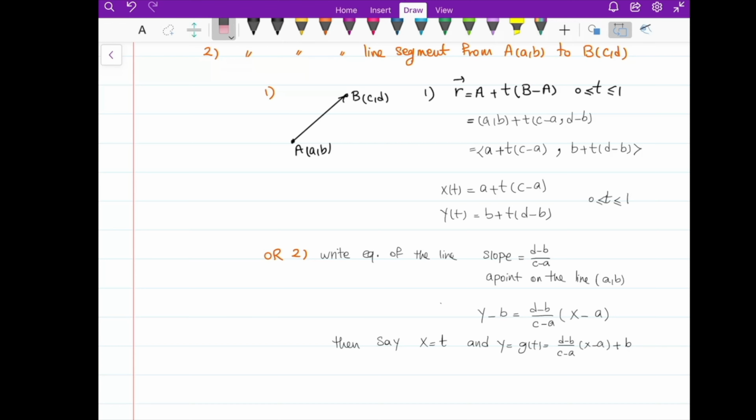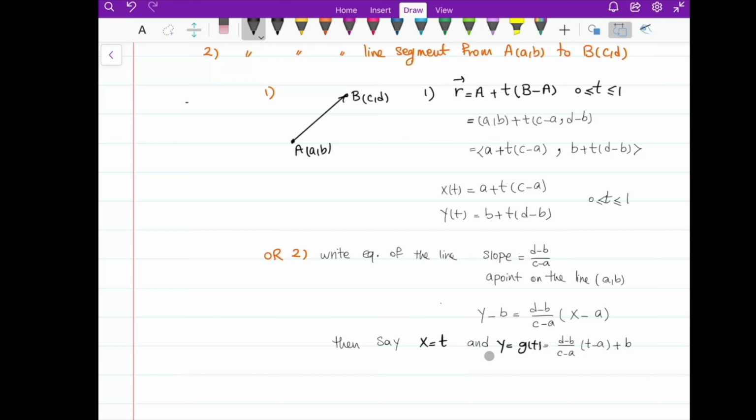And x was just t. The rest are just numbers. Okay, so again, you don't need to memorize any of them. You just need to write the equation of the line and then let x be t and y be g of t. The rest are just numbers.